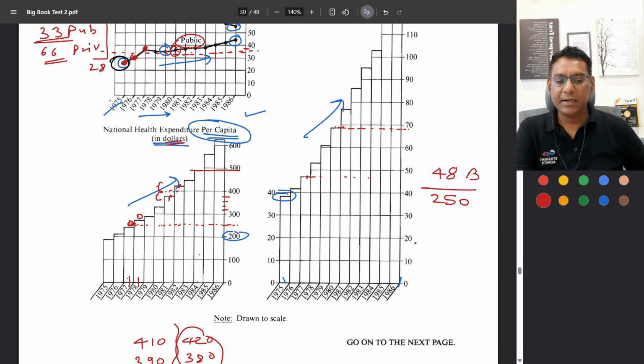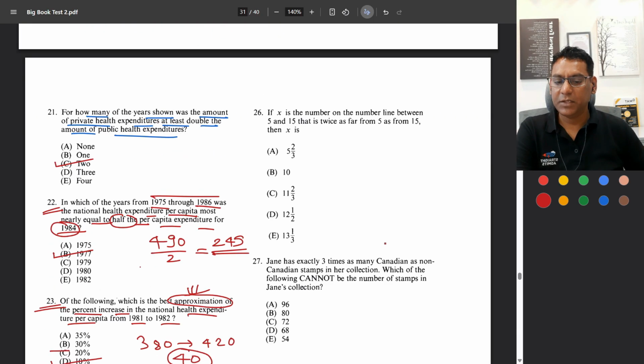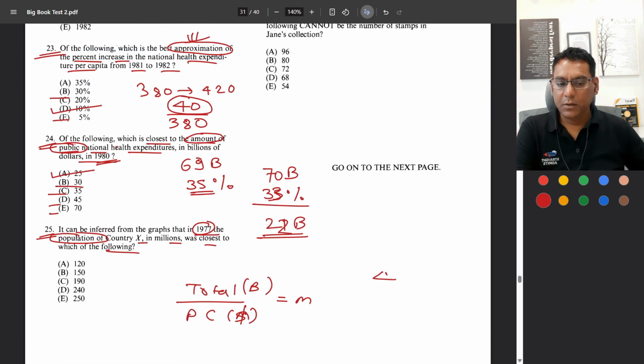So what is that number? 48 billion by 250. That's what we have to do. So let's do that here. 48 billion, that means 48,000 million. I have to get everything in millions, right? So I'm writing everything in millions, divided by 250. I'll write 250 as 1000 divided by 4. That 4 will come up.